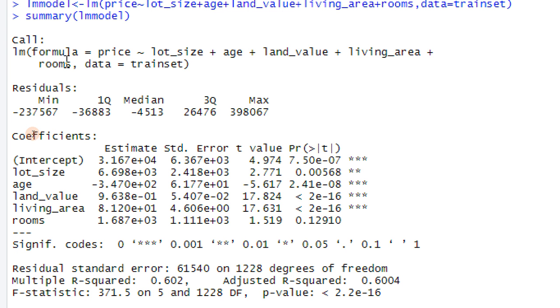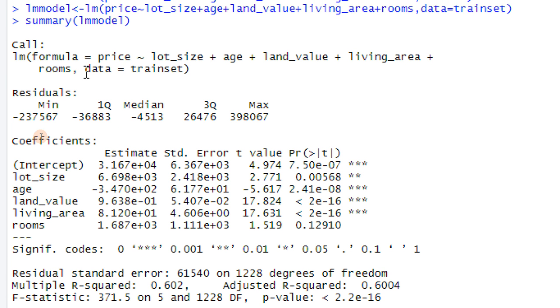That means only living area matters, land value matters, and age, when it was constructed, how old that house was, and lot size is important, and number of rooms are not affecting the house price. So we will remove that.